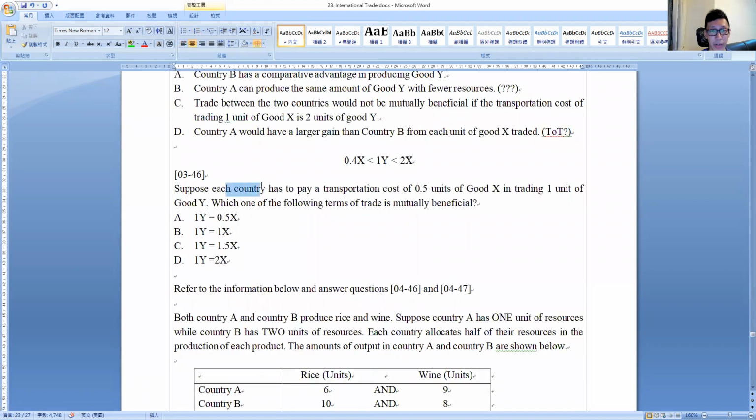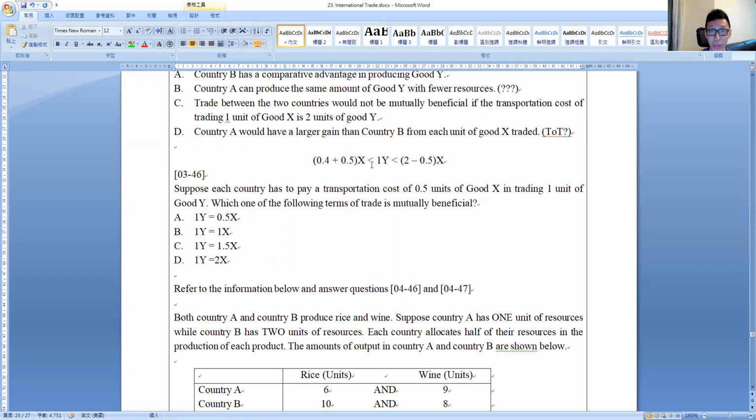Each country has to pay a transportation cost of 0.5. 記住啊 each country 係每邊都要俾啊 of 0.5. Now, therefore, how do we narrow it? 既然每邊都要俾，咁每邊都做手腳咯。0.5. Here, minus, yes, minus 0.5.